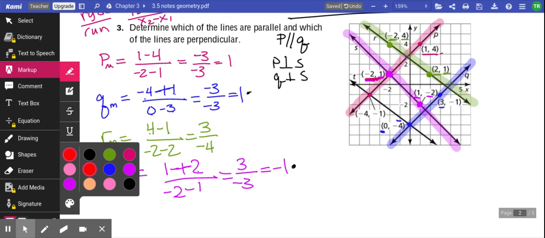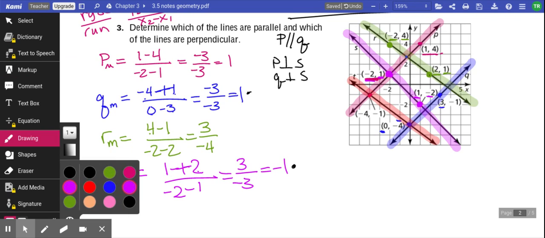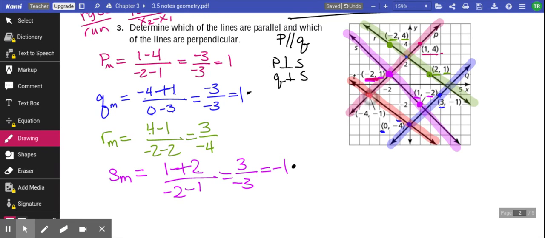We'll go red. So line T, we have this point here and we have this point here. So for T, the slope of T is going to equal, subtract the y's, -1 minus -4, over the change in the x's, -4 minus 0.